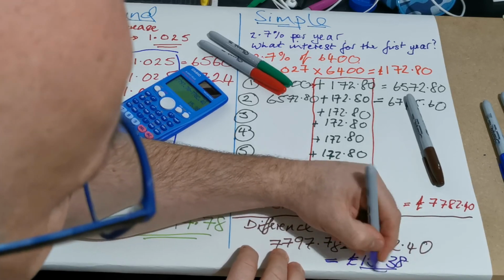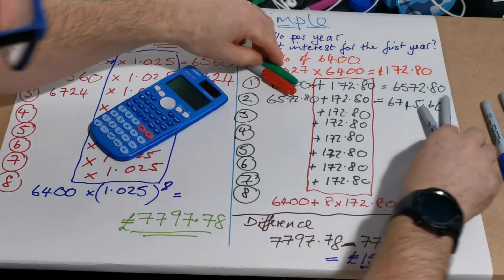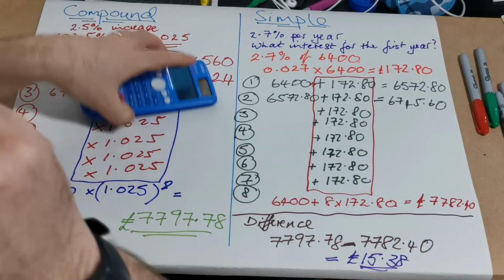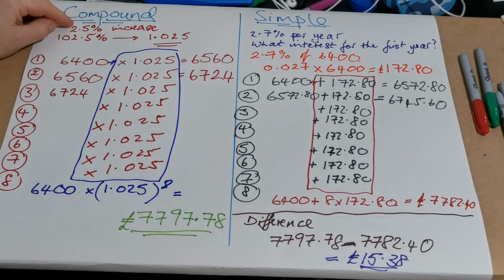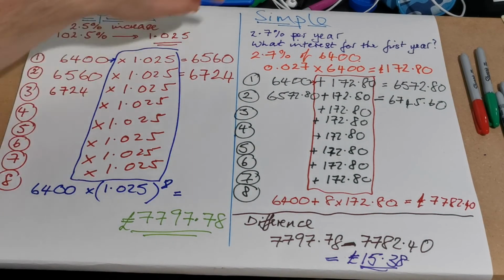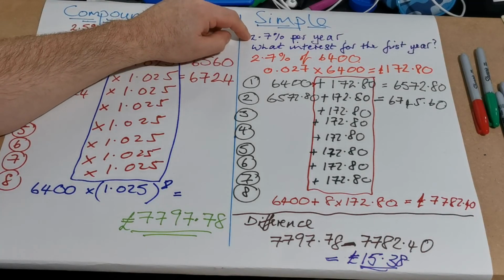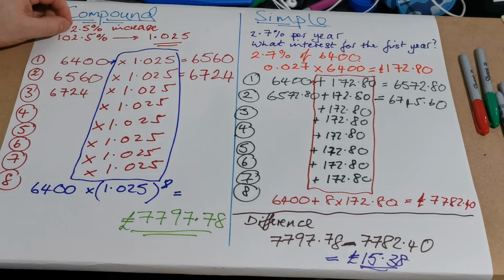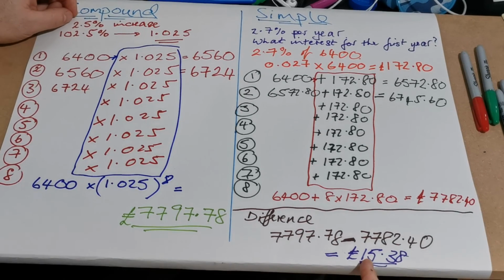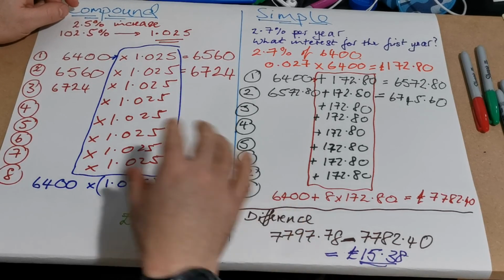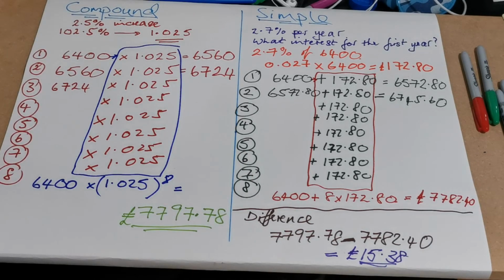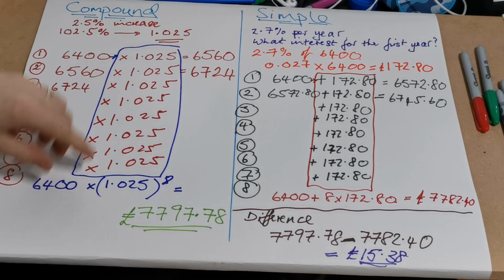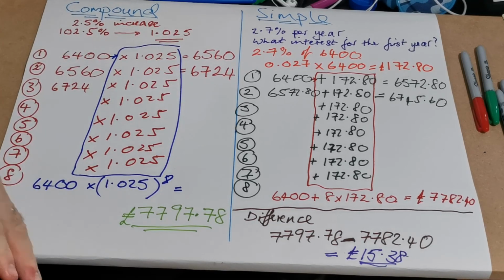So what that means is if you had the choice between investing at 2.5% compound interest or 2.7% simple interest, the compound interest, although it appears to have a lower interest rate, actually you end up £15.38 better off after 8 years. So the key difference is, with compound interest, you are doing repeated times.